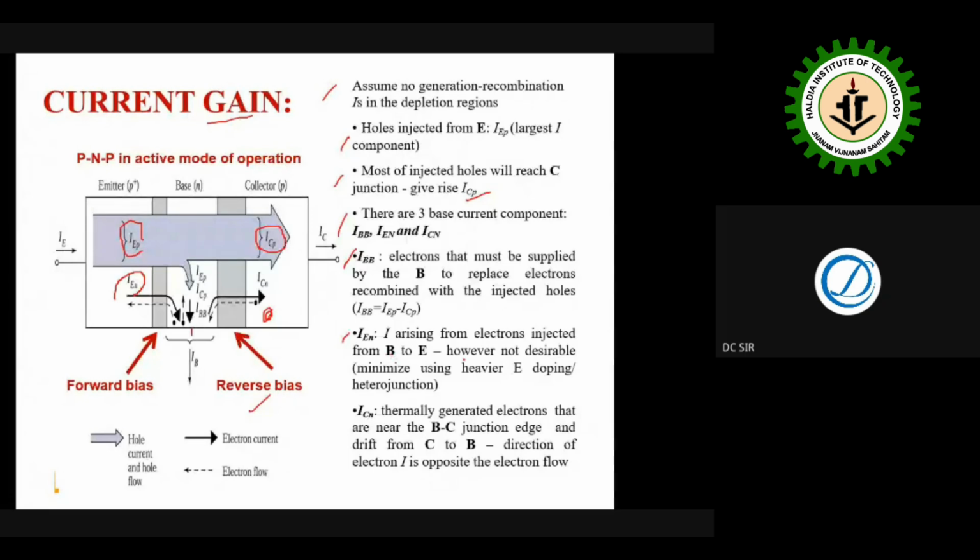This is not desirable, and can be minimized using heavier emitter doping or a heterojunction. ICN is due to thermally generated electrons that are near the BC junction edge and drift from the collector to the base. The direction of electron current is opposite to the electron flow.